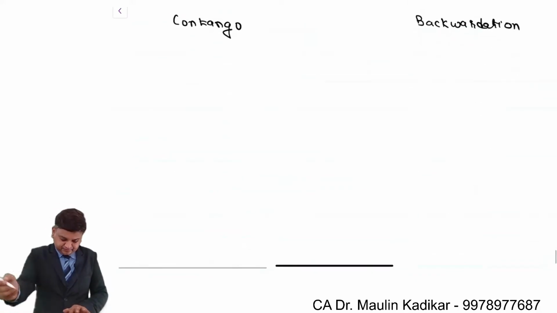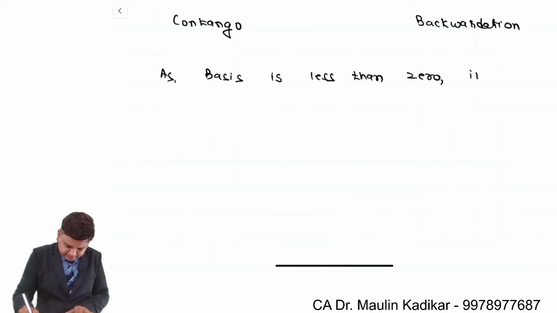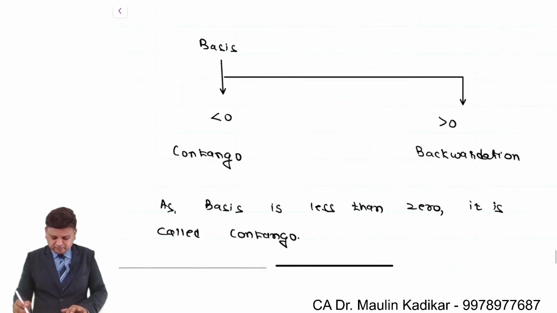With paragraph write down: as basis is less than 0, comma, it is called Contango. Full stop.